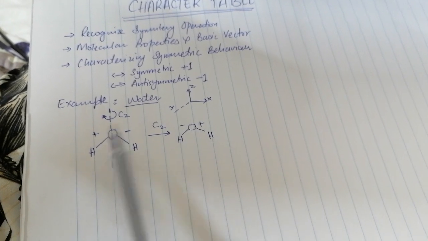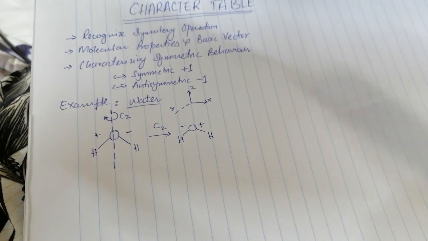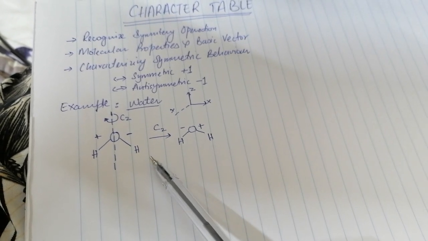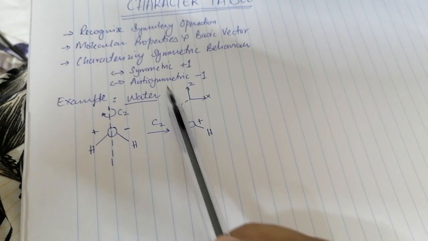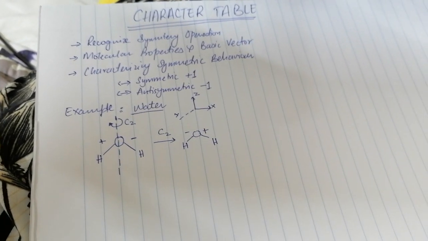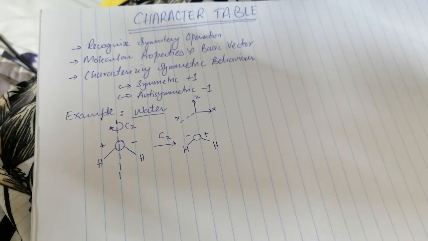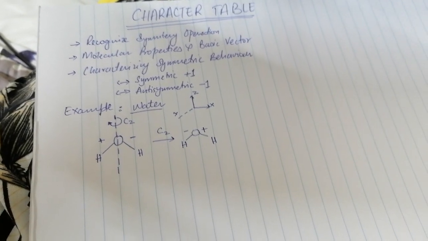When we perform this operation, the sign of the wave function will change, and we describe this as antisymmetric behavior and give it a character of -1. We can perform this analysis for all four operations of C2V and then tabulate the results.